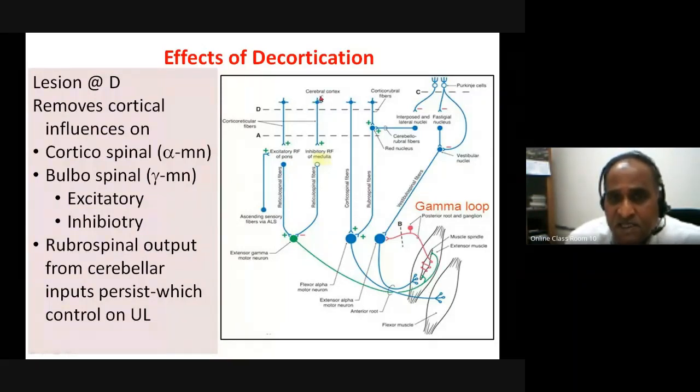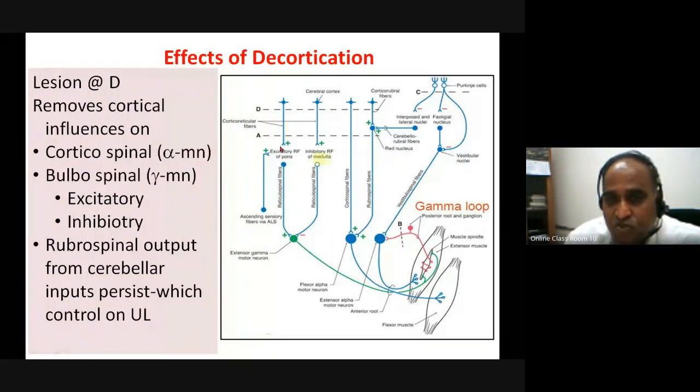Now, what happens? The corticobulbar or corticomedullary fibers are also suppressed. These medullary fibers are carrying the inhibitory inputs to the gamma motor neurons. This one is double activated, this is single activated, so this takes the upper hand.